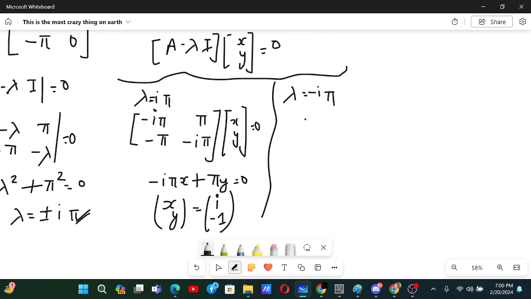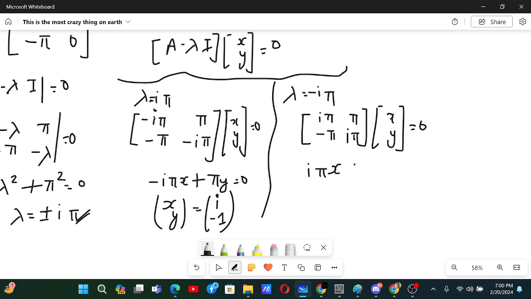Now when it's minus i pi, we will have i pi, pi, minus pi, i pi, and then (x, y) equals 0, and then we have i pi x plus pi y equals 0. Now for this case, if x is i, we have minus pi, so y can be 1.